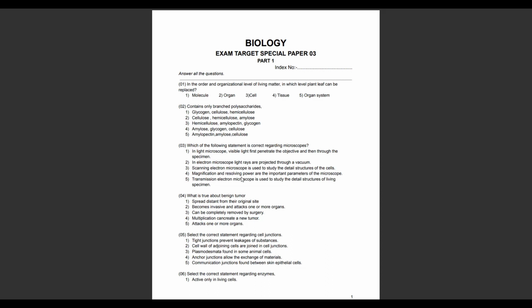Question number 5. Select the correct statement regarding cell junctions. What are cell junctions? In the resource book, they have given the definition like this. Cell junctions are structures at which neighboring plasma membranes are joined. Plasma membranes, not the cell wall.